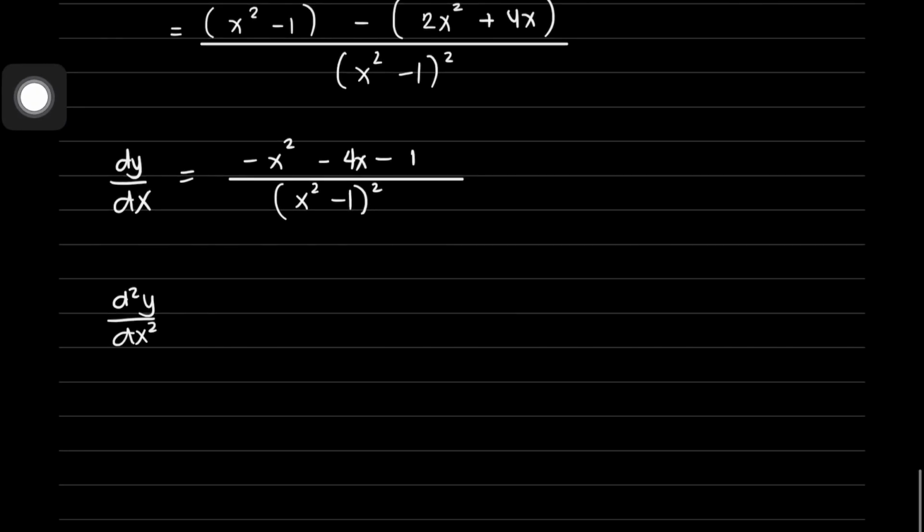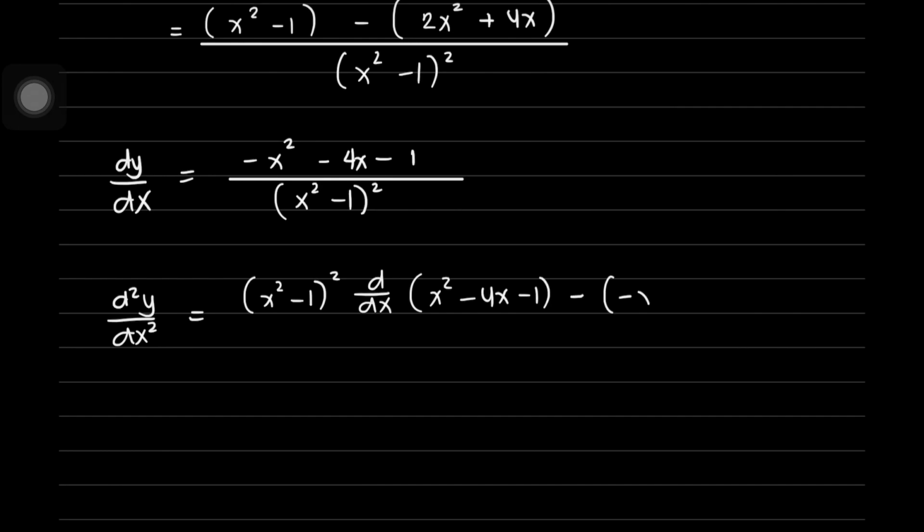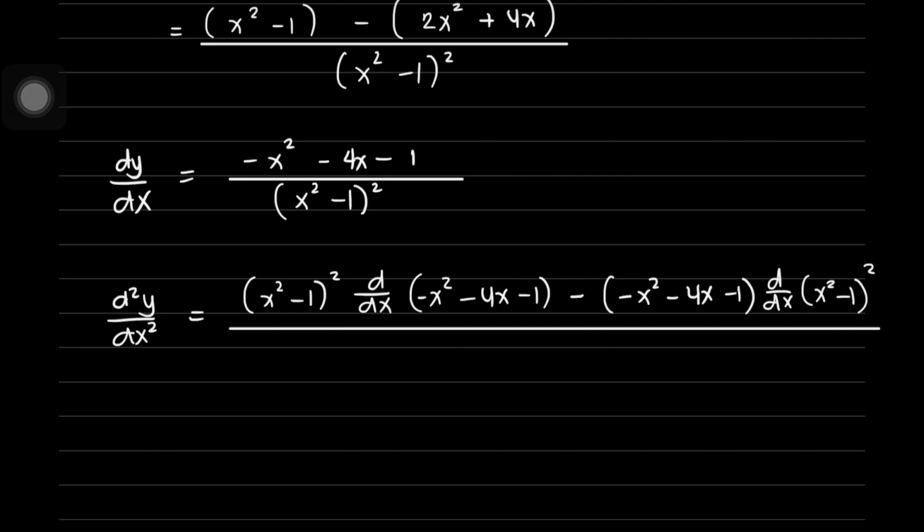So the second derivative is now equal to v, which is x squared minus 1 raised to 2, multiplied by the derivative with respect to x of negative x squared minus 4x minus 1, minus negative x squared minus 4x minus 1 multiplied by the derivative with respect to x of x squared minus 1 raised to the second power, all over x squared minus 1 raised to 2 raised to the second power, that will give us raised to the fourth power.